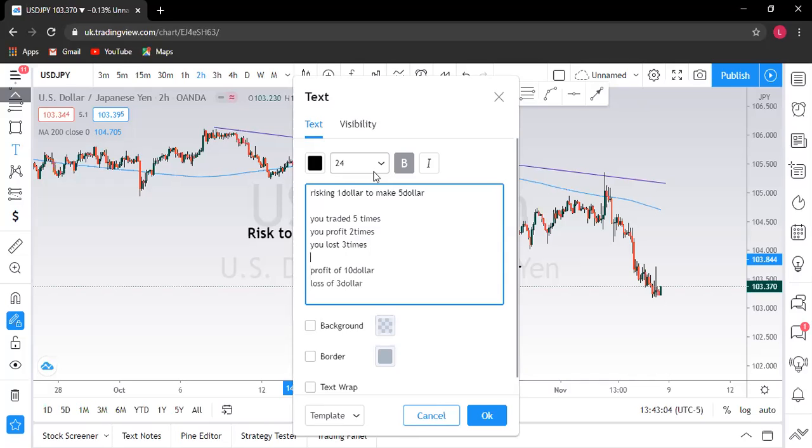Can you see? I hope you see the power of risk to reward ratio. So net profit at the end of the day, or week, is 10 minus 3, which equals $7.